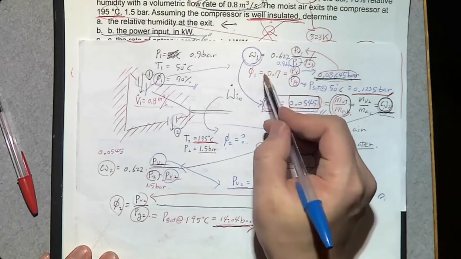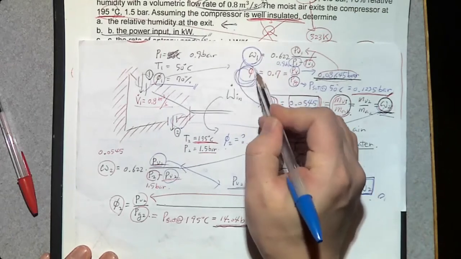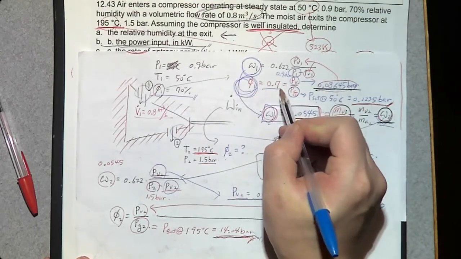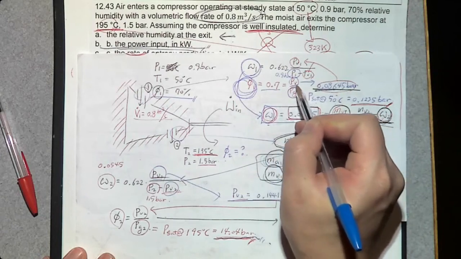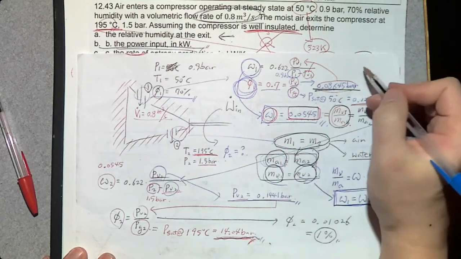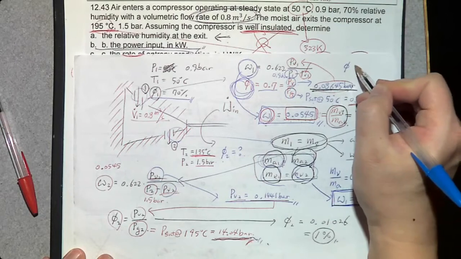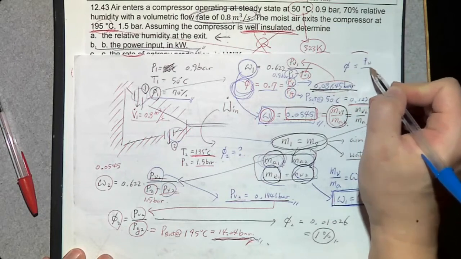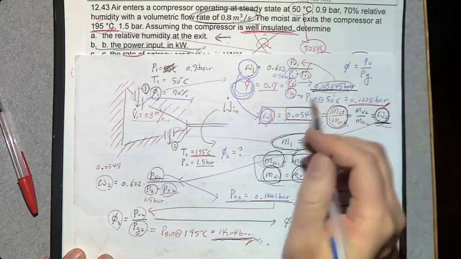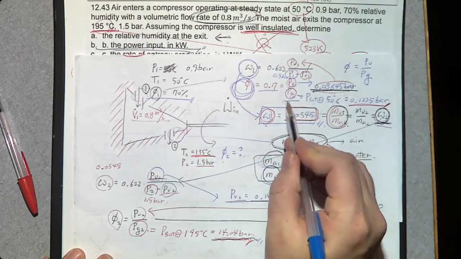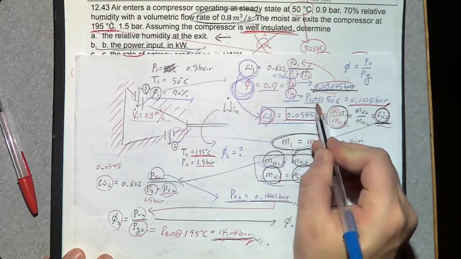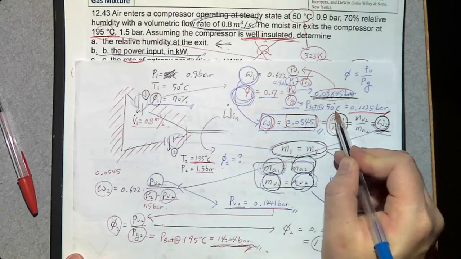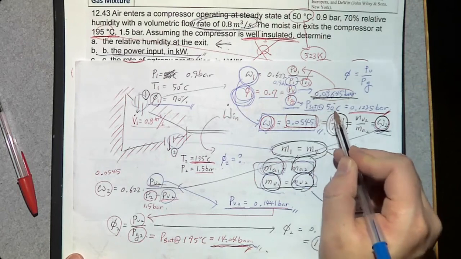First, we know the relative humidity at the inlet, which is 70%. So we use this equation: the relative humidity phi is PV over PG. By the way, this PG is P sat, the saturation pressure at the given temperature.